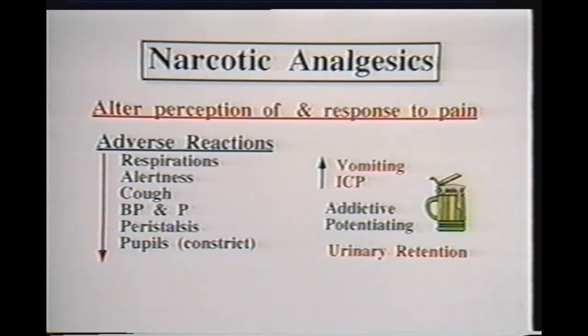We want to move now and talk about narcotic analgesics. Narcotic analgesics alter the perception of and the response to pain. We need to use narcotic analgesics when patients have severe pain, and you also may see it being used as a pre-op medication. You need to remember that narcotic analgesics are not interchangeable, that you cannot substitute one drug for another.